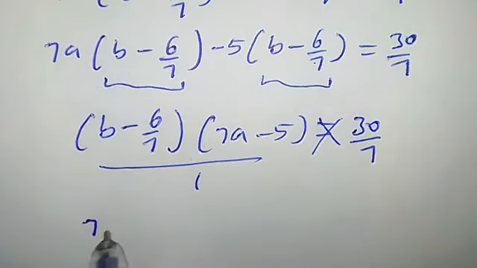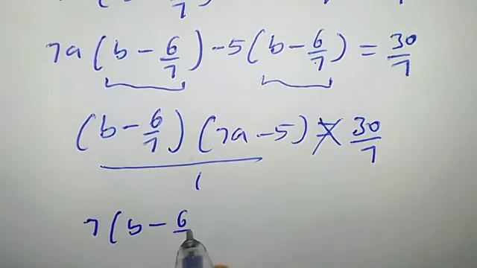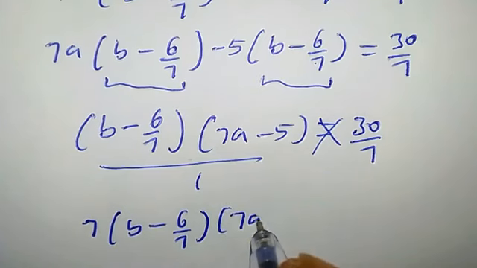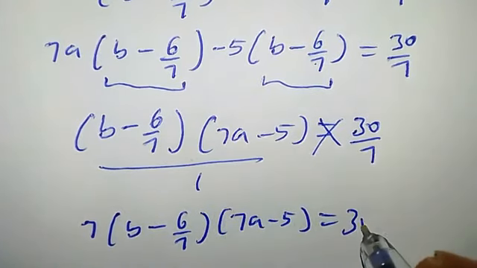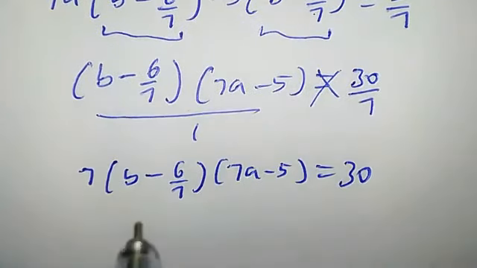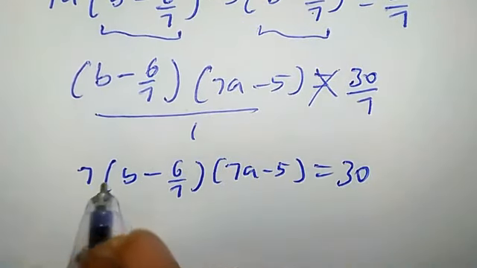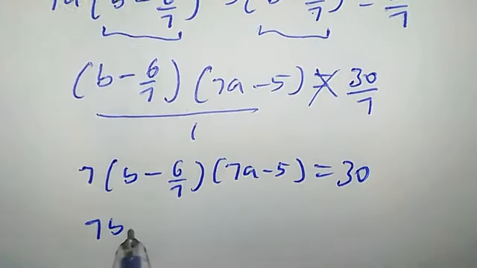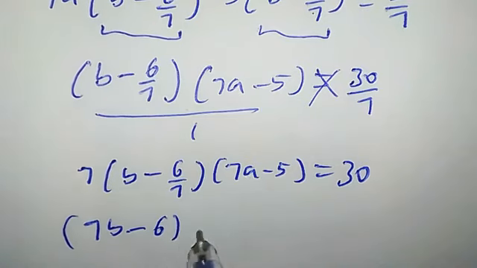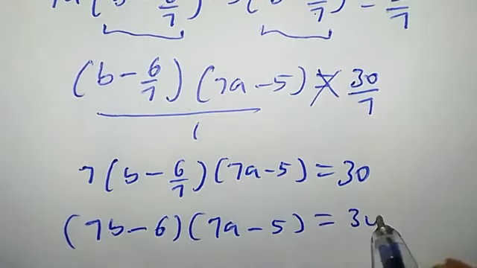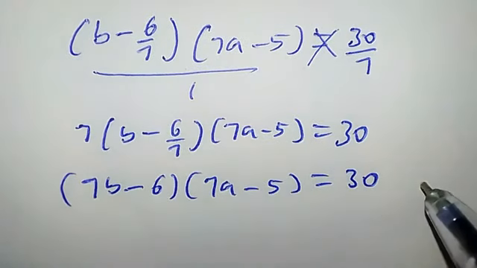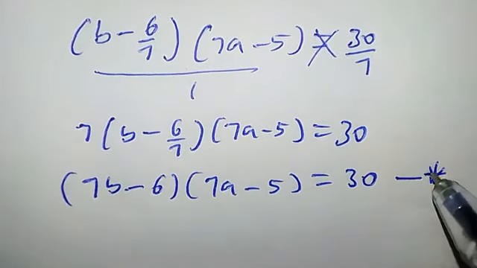That will be 7 into b minus 6 over 7 times 7a minus 5 equals 30 times 1, that is 30. 7 times b is 7b, 7 times negative 6 over 7 is negative 6, times 7a minus 5 equals 30. Good. Let's call this equation star.